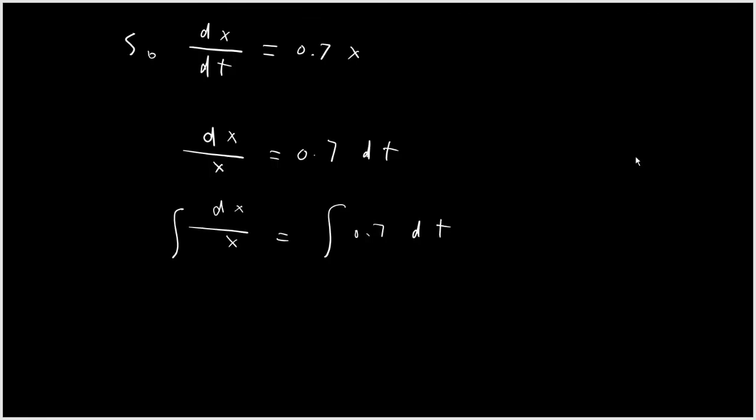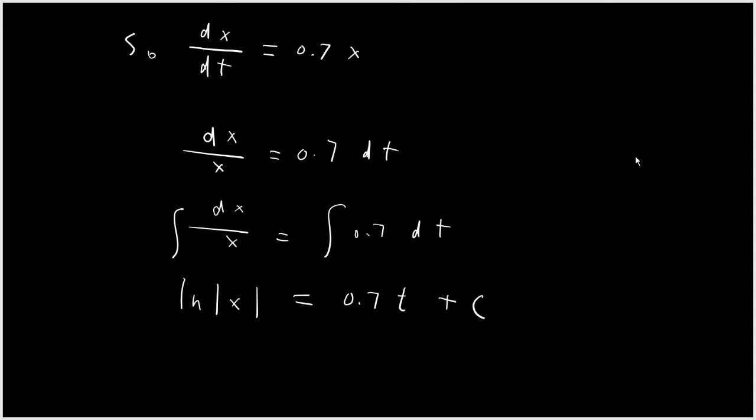The integral of the left hand side is natural log of the absolute value of x, and then the integral of the right hand side is 0.7t. Okay. At this point, do not forget to plus c. Okay.